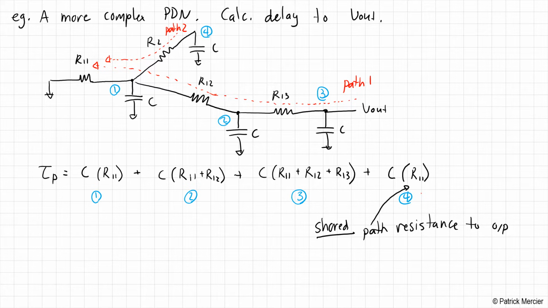Now we have to include node 4 in our Elmore delay calculation because there is current discharging through node 4 to ground, and that means there's a resistive drop across R2, which means it's going to impact how node 1 ends up looking during this discharge phase.